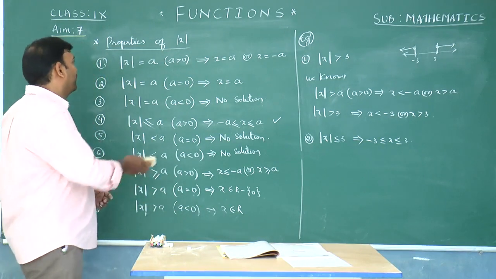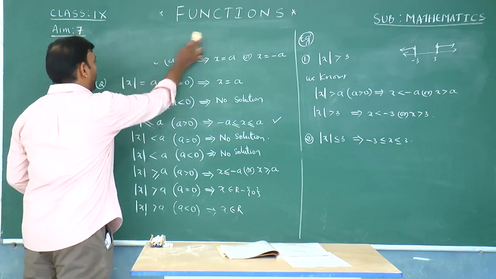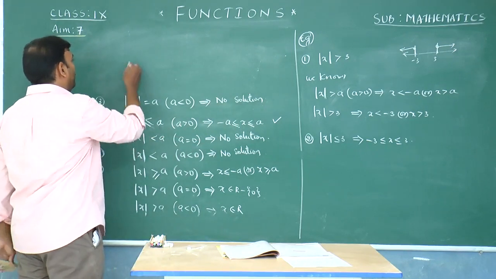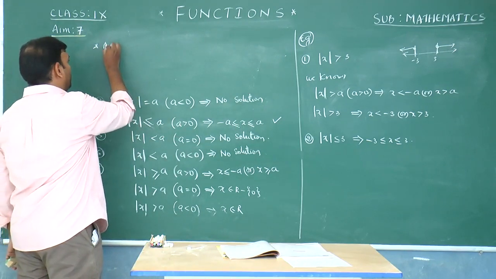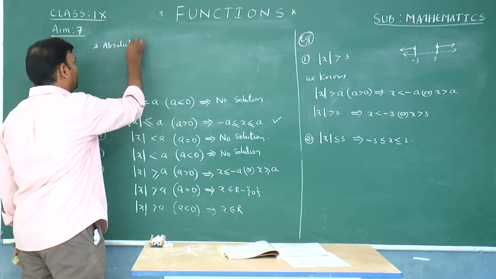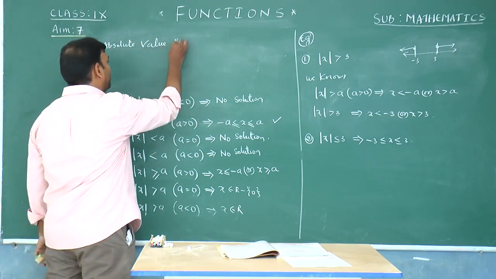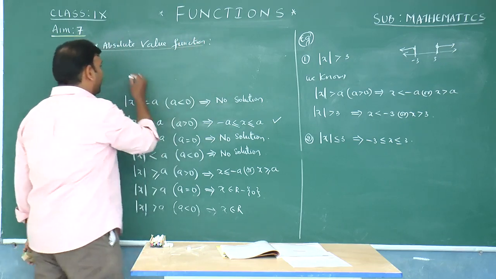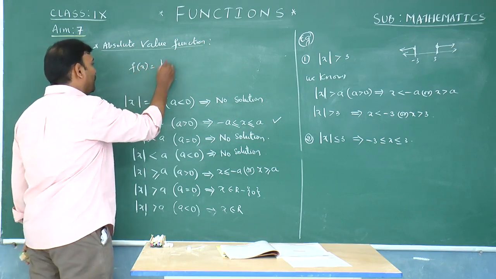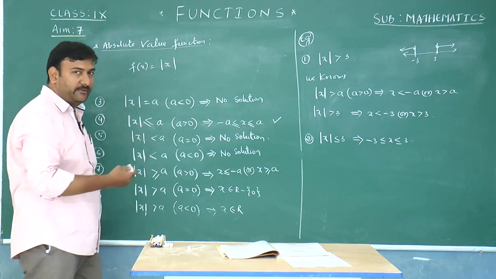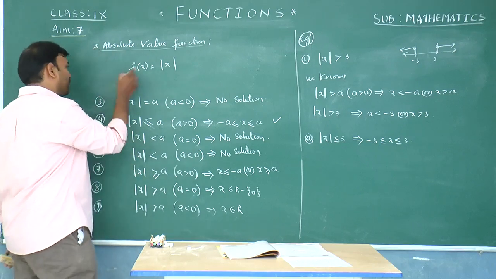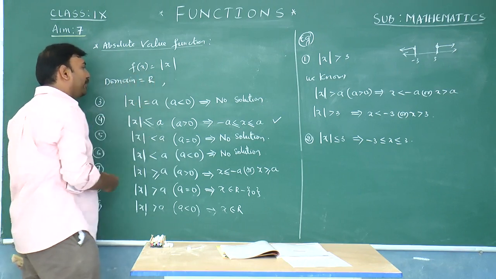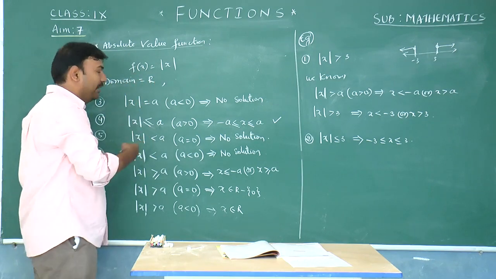Generally, a function of the form f of x equal to mod x is said to be an absolute value function, and the domain of this function is going to be any real number, because it is defined at every real number.